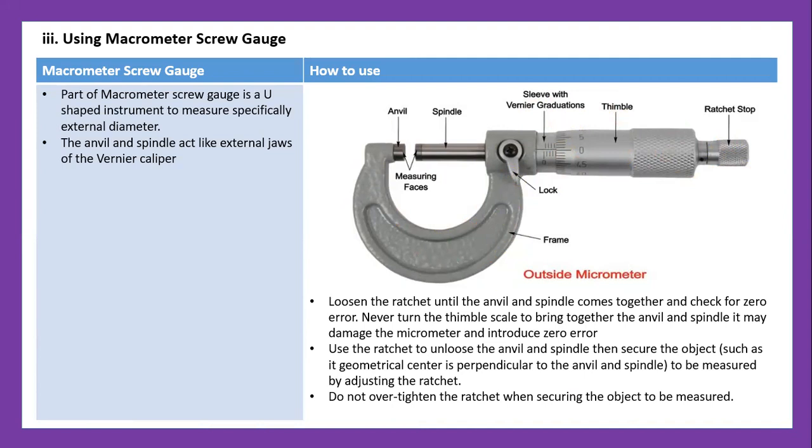Then we use the ratchet, the part on the right-hand side, to open the anvil and spindle, then secure the object so that its geometrical center is perpendicular to the anvil and spindle, adjusting with the ratchet. Do not over-tighten the ratchet when securing the object to be measured.